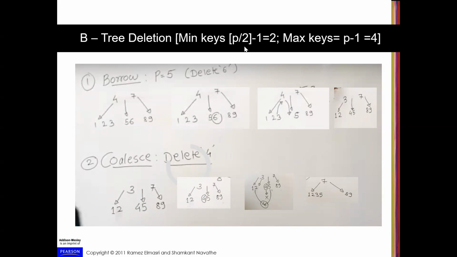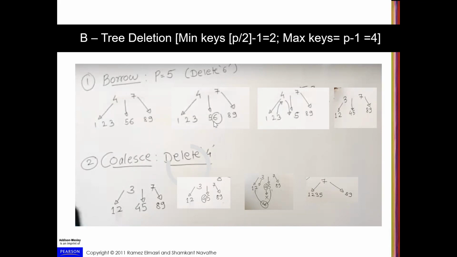And how do we get this minimum number of keys? We have a formula: divide the order P by 2, then take the ceiling and then subtract 1 from it. So 5 divided by 2 is 2.5, the ceiling becomes 3, and 3 minus 1 is 2. So the minimum number of values inside each node should be 2.